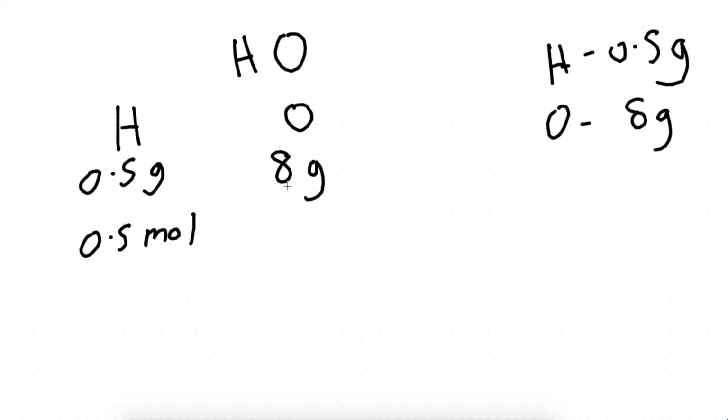Yes, 8 grams divided by the molar mass of oxygen, which is 16. 8 divided by 16 is 0.5 moles. Both these numbers are the same. So the smallest is the same, 0.5. 0.5 divided by 0.5 is 1. 0.5 divided by 0.5 is 1. So we now have the empirical formula to be HO.